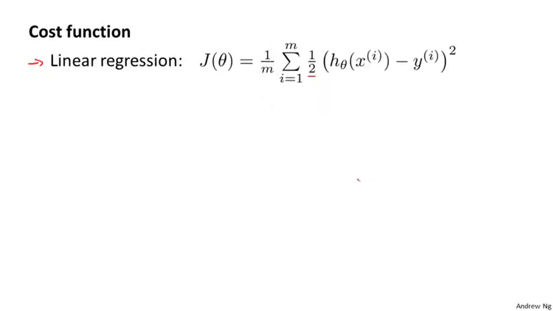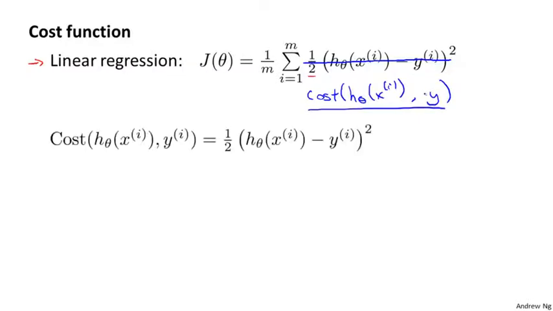Now, I want to use an alternative way of writing out this cost function. Instead of writing out the squared error term here, let's write in here cost of h of x, comma y, and I'm going to define that term, cost of h of x, comma y, to be equal to this. It's just equal to 1/2 of the squared error.